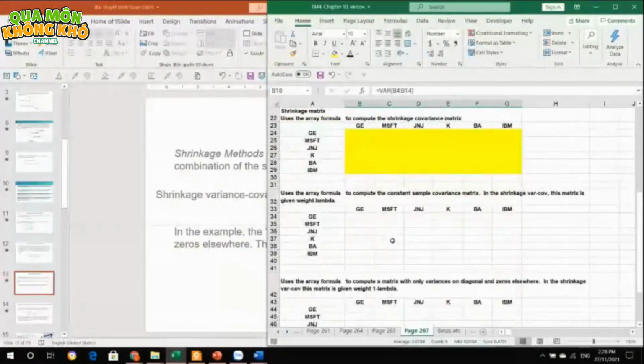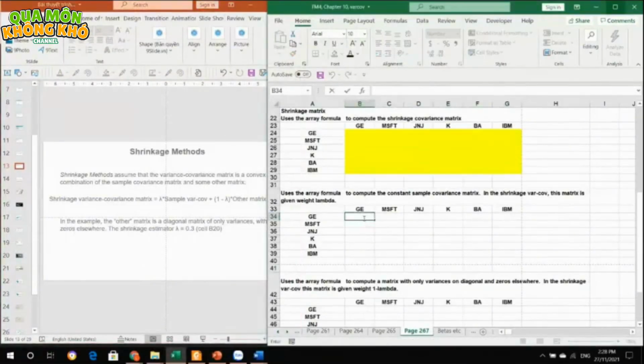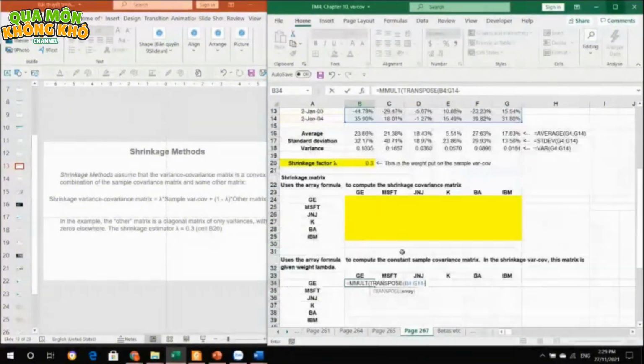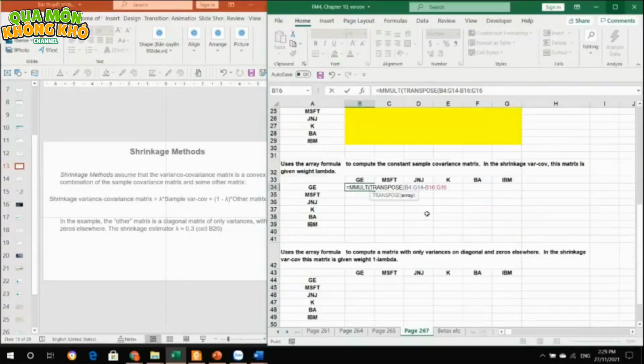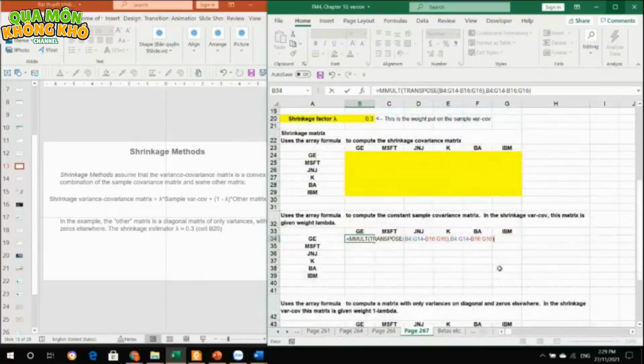And then we will calculate the sample variance covariance in here by using the formula: the return minus the average, multiply with the same, or divided by 10.